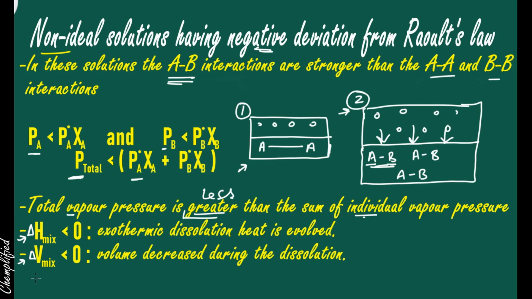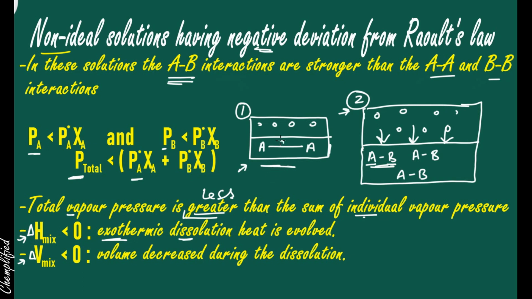Why is this happening? Change in enthalpy of mixing is less than 0 means the process of mixing of the components A and B, or the process of dissolution, is a process in which heat is released or evolved. Now, why is heat evolved? Remember, our component A particles are not showing strong interactions. The force of attraction between them is low.